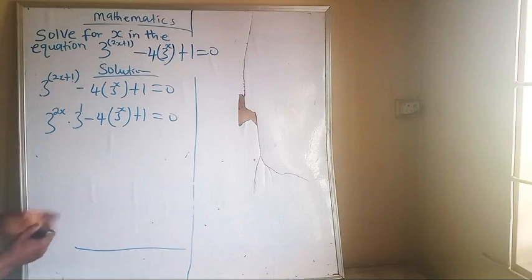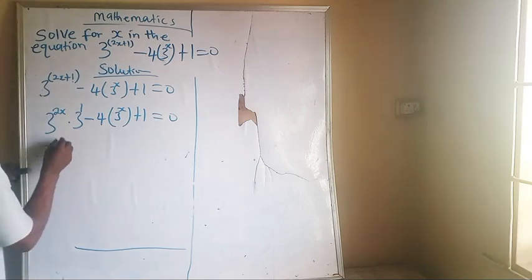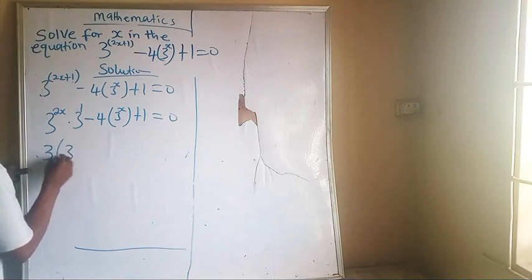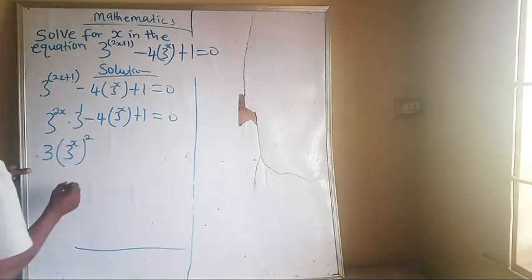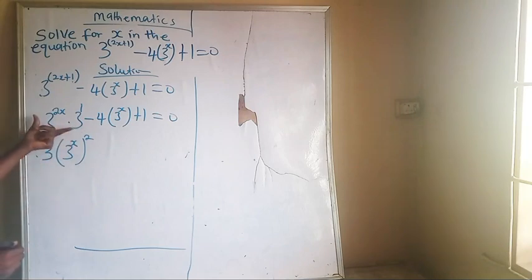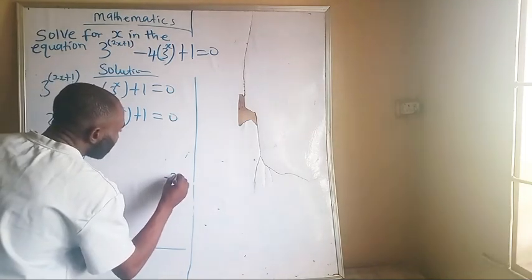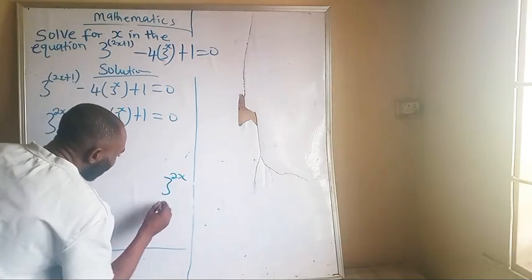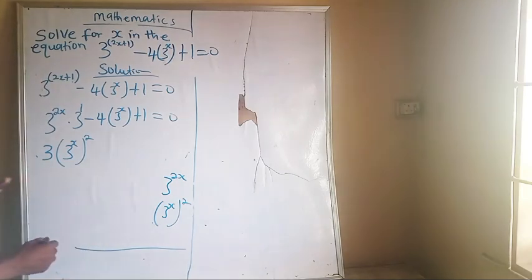Then, since we have these multiplying each other, 3 to the power of 2x can be written as 3 to the power of x, raised to the power of 2, which is what?